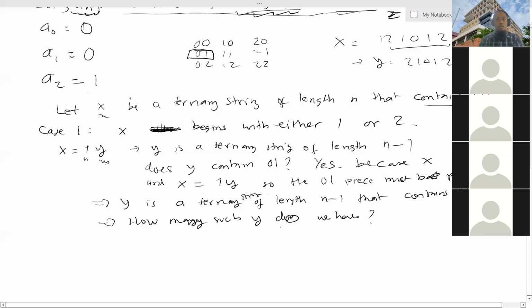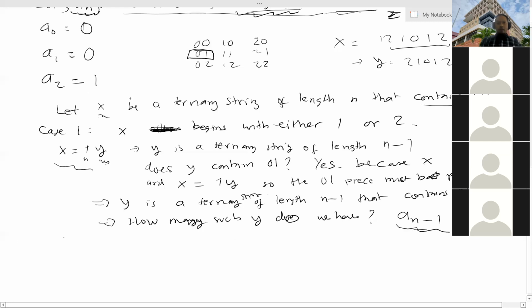So how many such y's? Is it n minus 1? Yes, exactly, Nafis. Thank you. Not n minus 1, but A(n-1). So for this case, we have A(n-1).